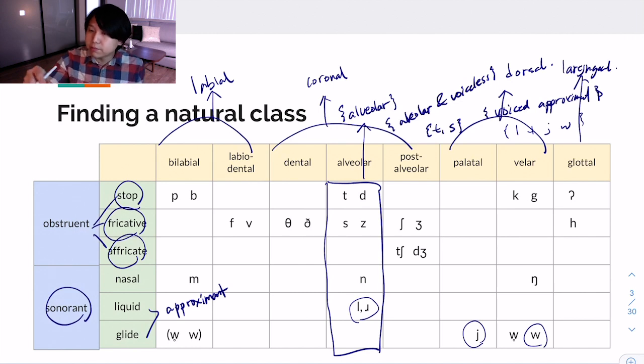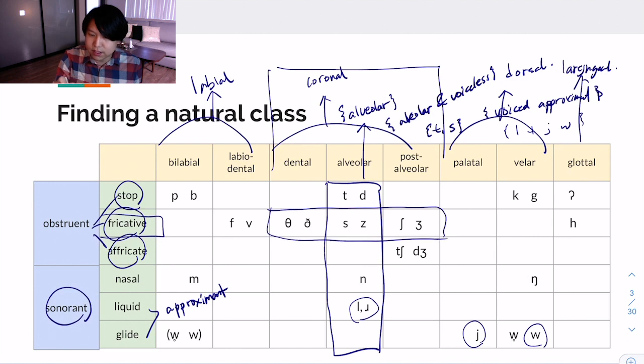There are other places of articulation that fall into the laryngeal category, but in English there are only glottal consonants that are laryngeal. So if I say find a natural class of coronal fricative, coronal is here, and fricative is here. In this section, there are 6 elements: tha, the, sa, za, sha, ja, grouped together in a natural class called coronal fricative.